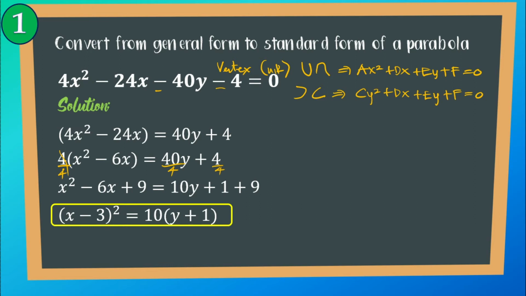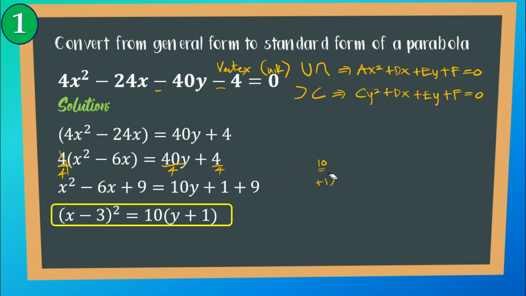Okay, so, dito kasi, magiging 10y plus 10 ito. Okay? Since common nila yung 10, factor out natin 10. So, magiging 10 times y plus 1. So, that is why your final answer natin is x minus 3 squared equals 10 times y plus 1. Okay, let me erase this one.